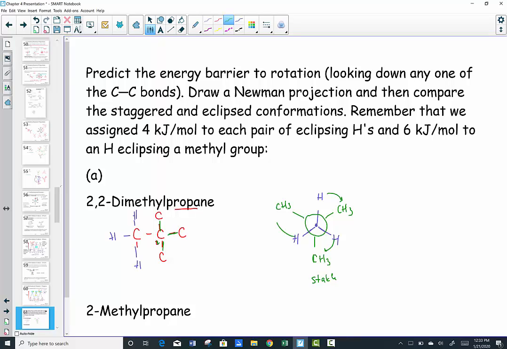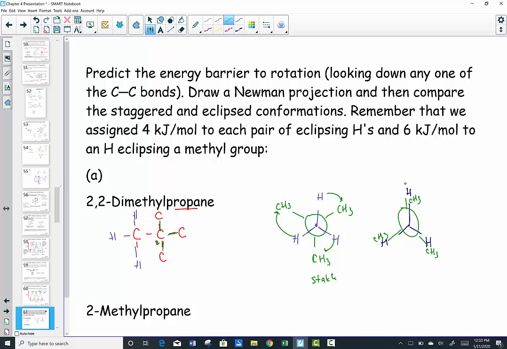This H moves behind the methyl group. And now remember I left the front right where it was and I only spin the back. And this time when I spin the back 60 degrees, every one of the methyl groups landed behind the hydrogen, right? So that's what the interactions are going to cost this molecule.